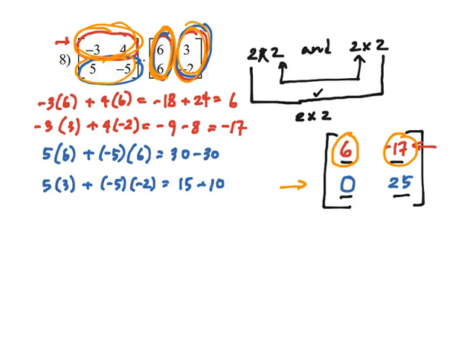And then after we do that, we take care of the second row and the first column. We get this, and then we do the second column and we get this answer. Okay? I hope this helps.